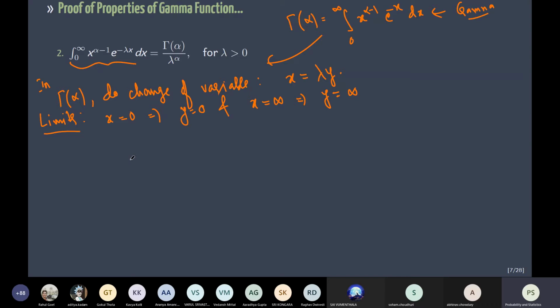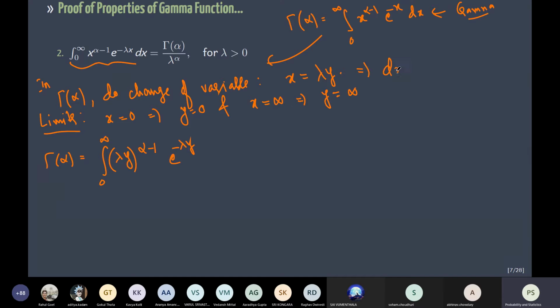Now with this change of variable, let us see if we can get the left hand term, which is this one, right? So gamma alpha is the integral from 0 to infinity of lambda y, because this is lambda y, to the alpha minus 1, and e to the minus lambda y, because x is lambda y, and then dx.